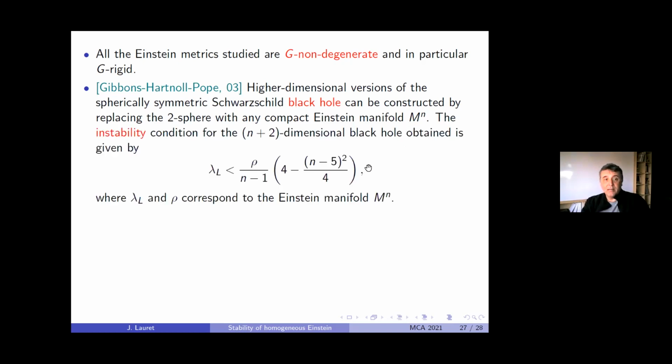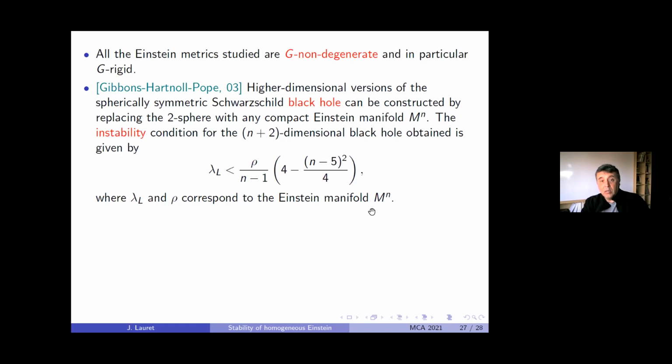And there is an instability concept here, also written in terms of the smallest eigenvalue of the Lichnerowicz Laplacian, and it is this inequality.